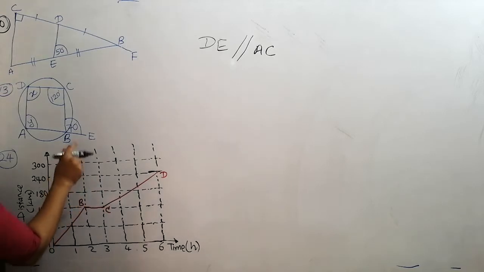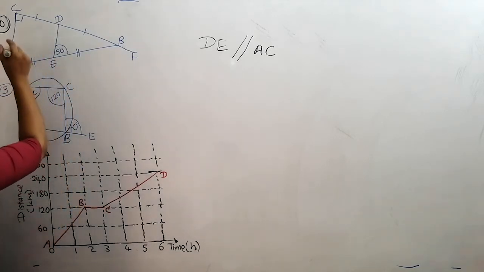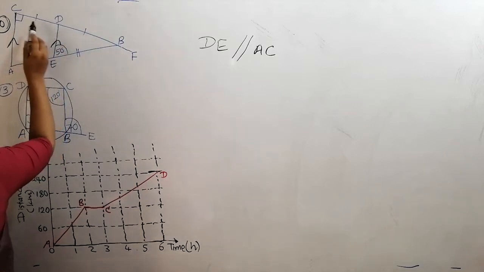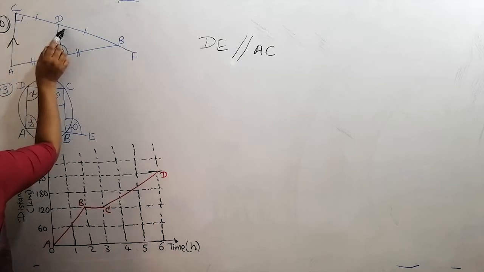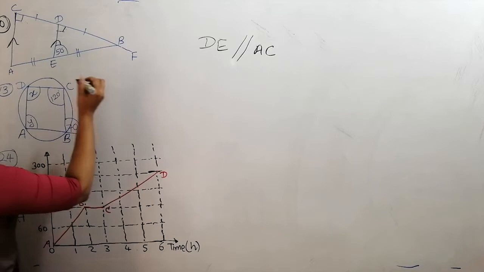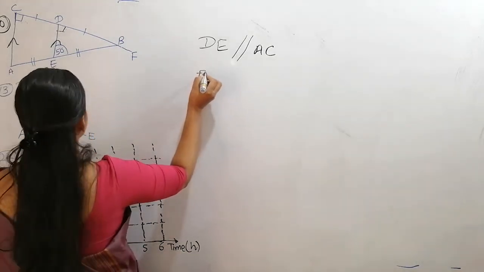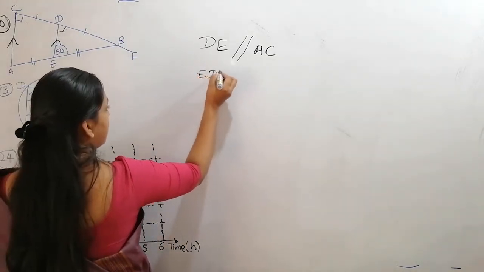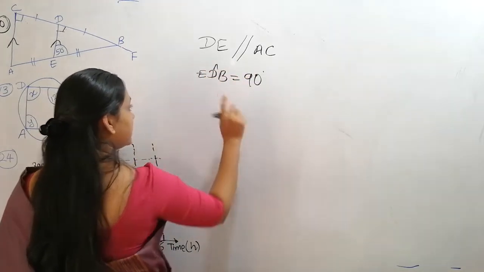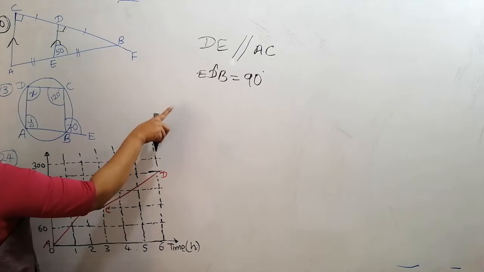Then since these two lines are parallel, what can we say about these two angles? The corresponding angles are equal. This is 90 degrees, so this should be 90 degrees. That means angle EDB equals 90 degrees because the corresponding angles are equal.